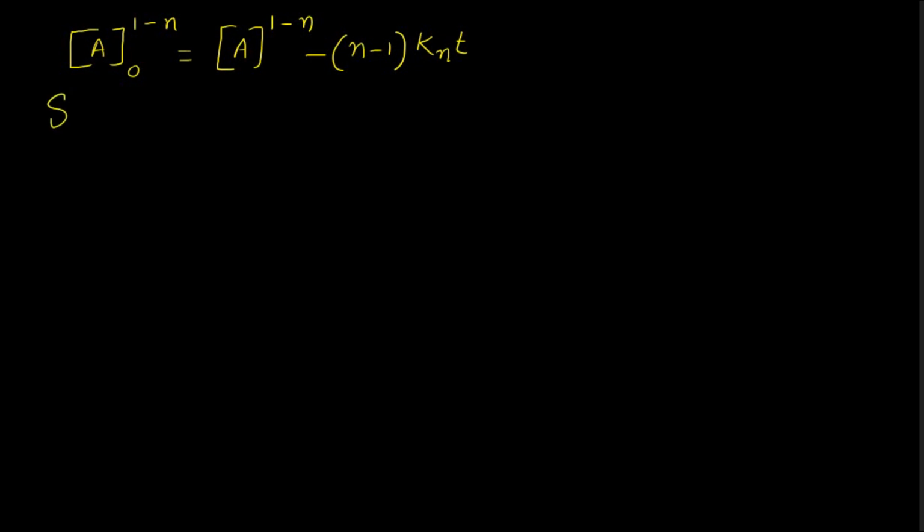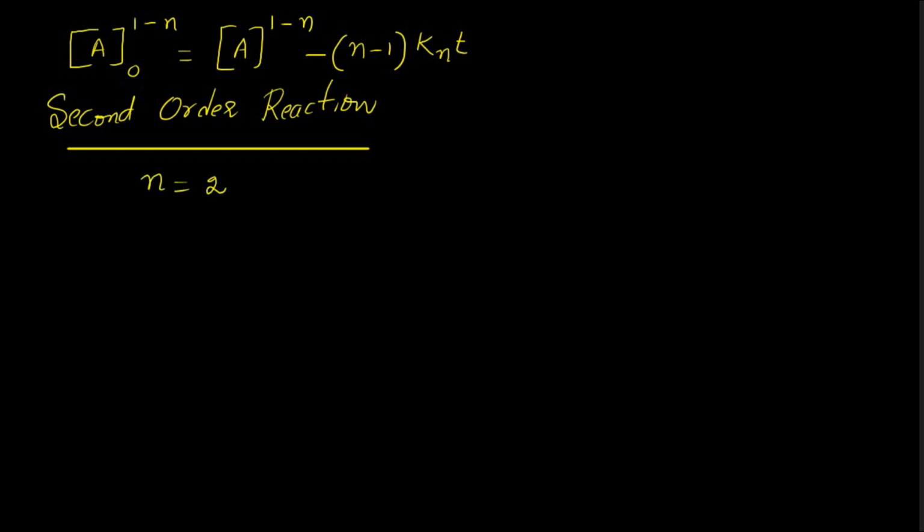For a second order reaction, n equals 2. Substituting in the general formula, A naught to the power 1 minus 2 equals A to the power 1 minus 2, minus 2 minus 1, k2t.